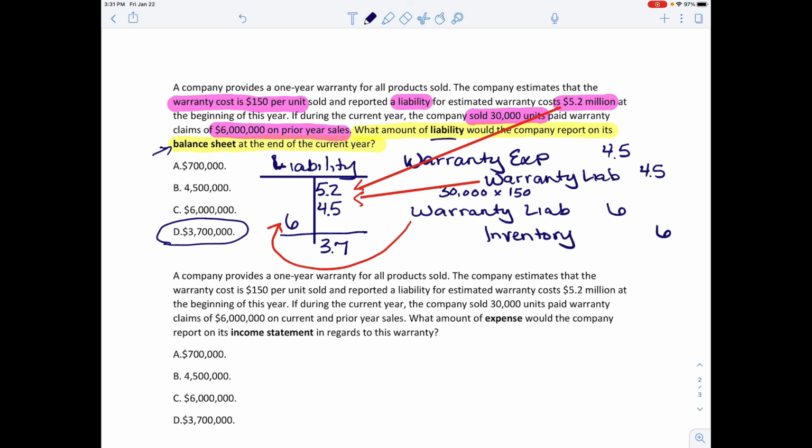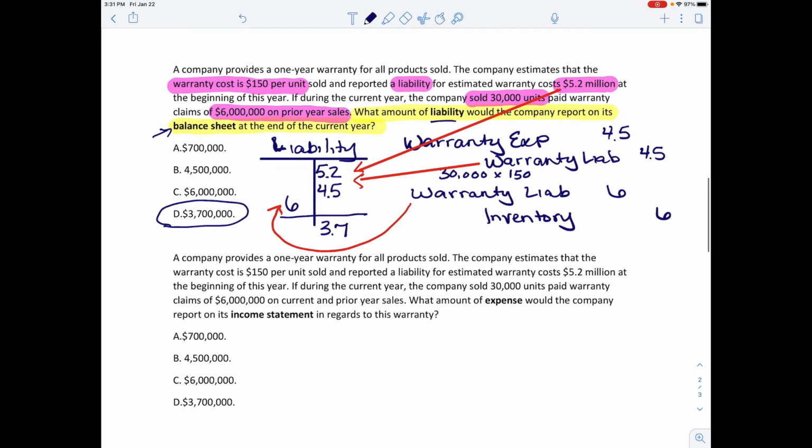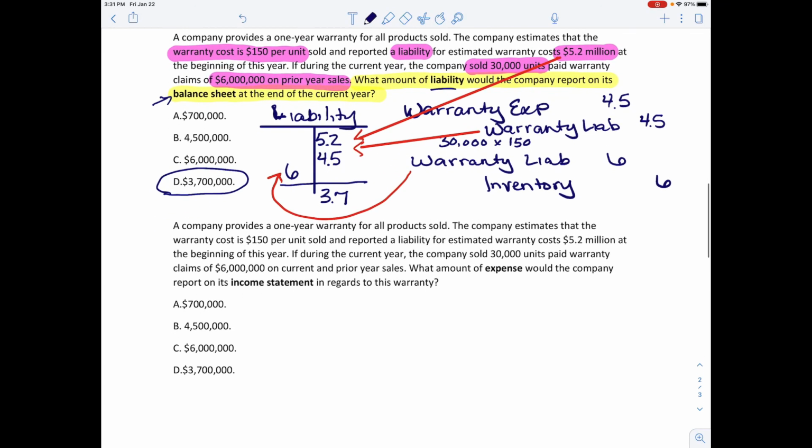But now let's look at it a different way. Let's say on the same question, what if they're now asking me what is the amount of expense the company reports on its income statement for this current year?